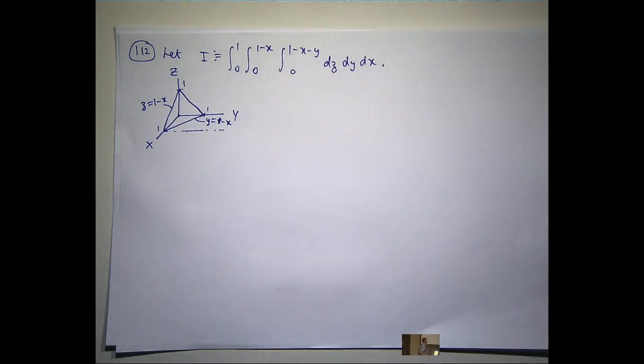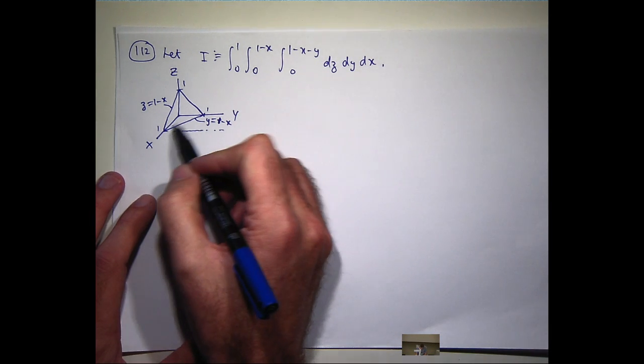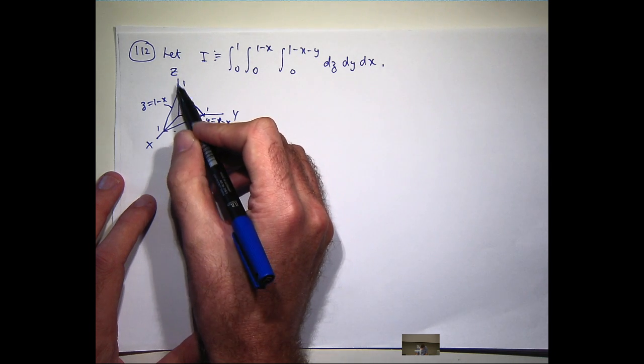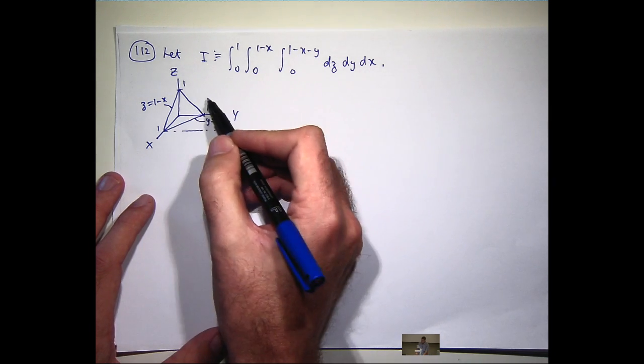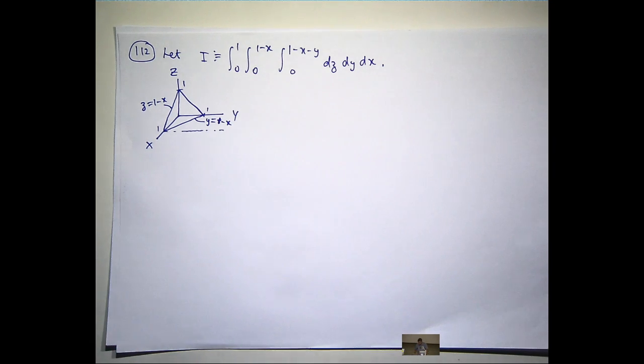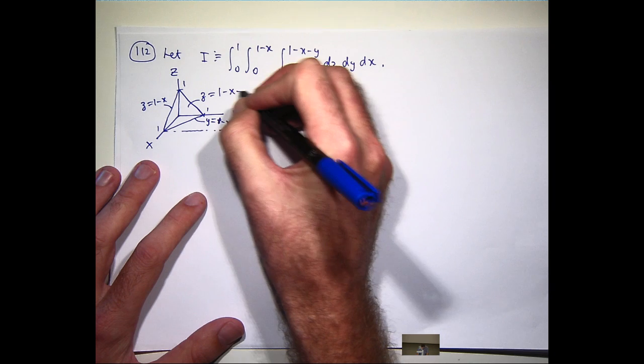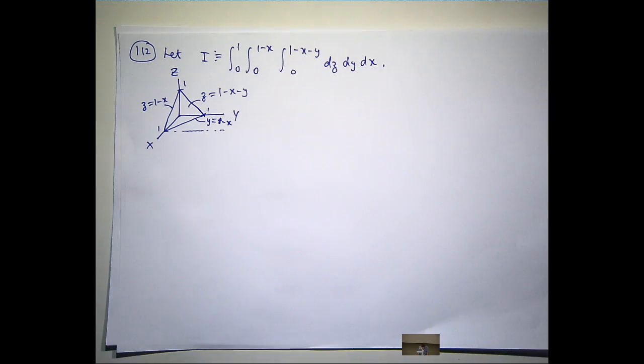Now, this kind of solid, anybody know the name? Tetrahedron. So you can think of this solid as being bounded below by the xy plane, bounded on this side by this xz plane, on this side by this yz plane, and above by the plane z equals 1 minus x minus y.